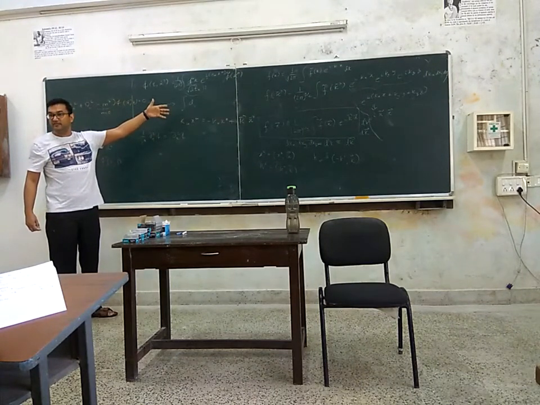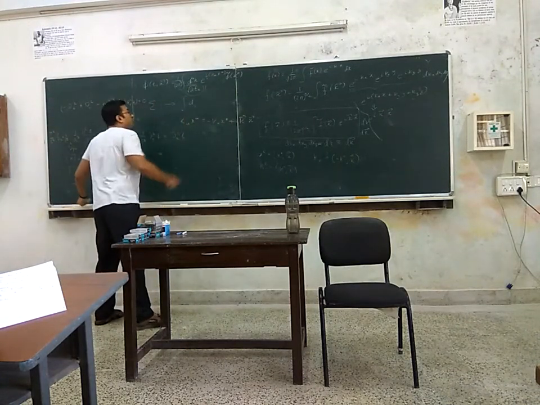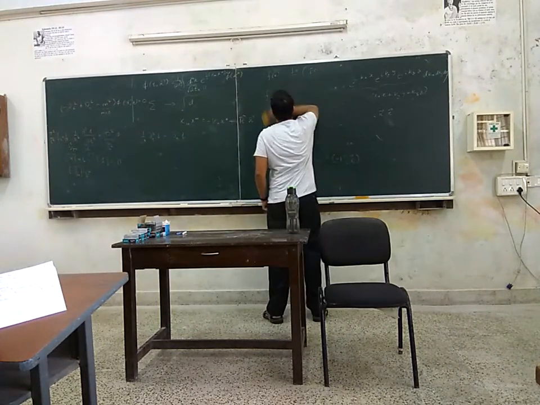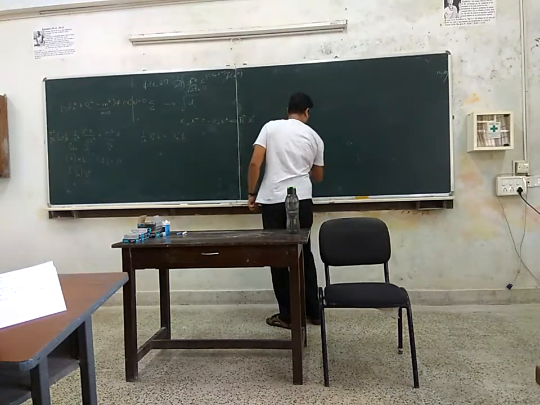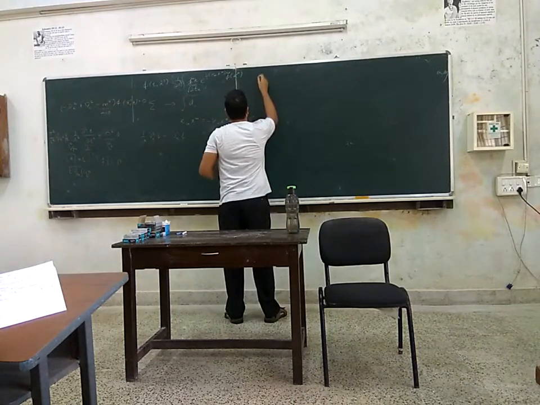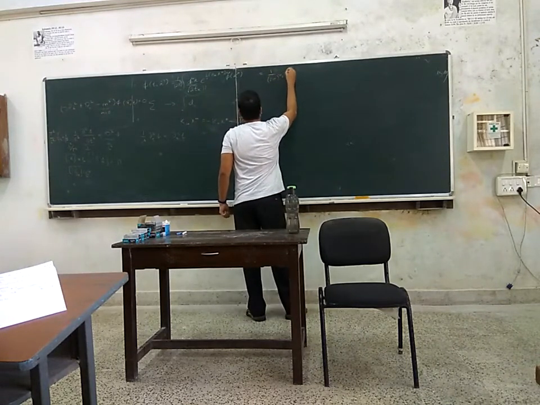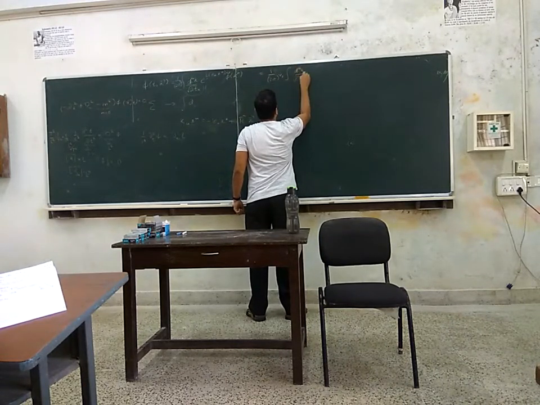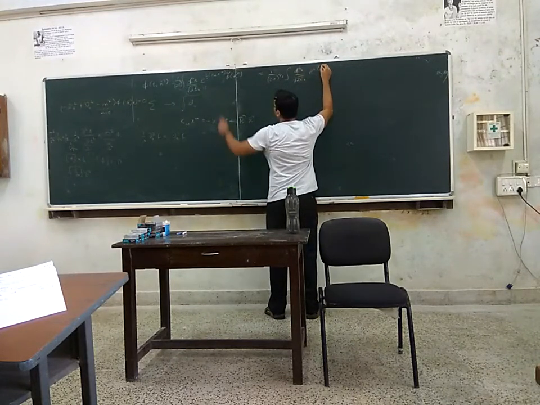Now what happens when you take the spatial or time derivative of this Fourier integral? If you look at this whole expression, let me write it again: 1 by (2 pi) to the 3 by 2, integral, e to the i k mu x mu.